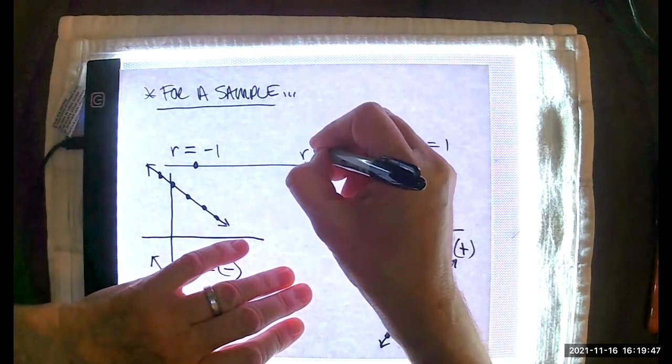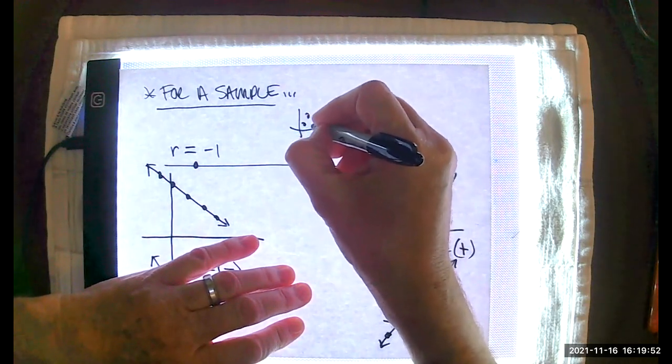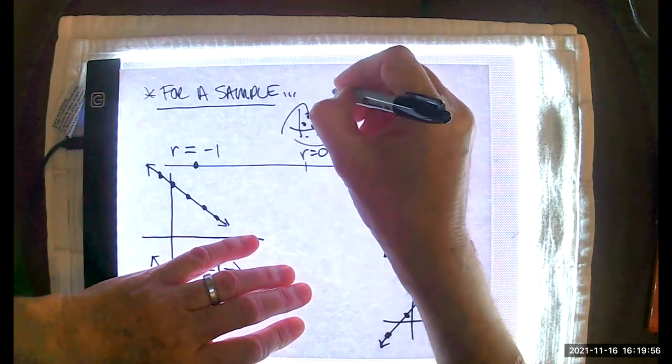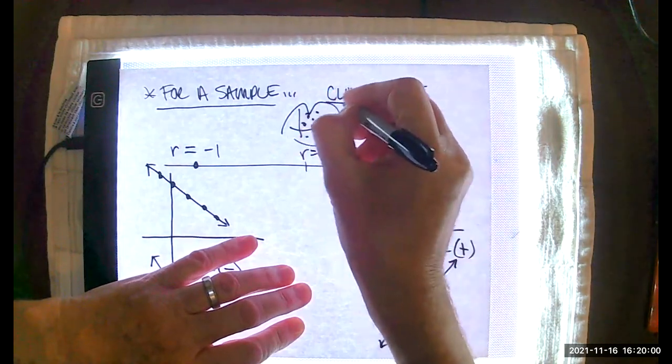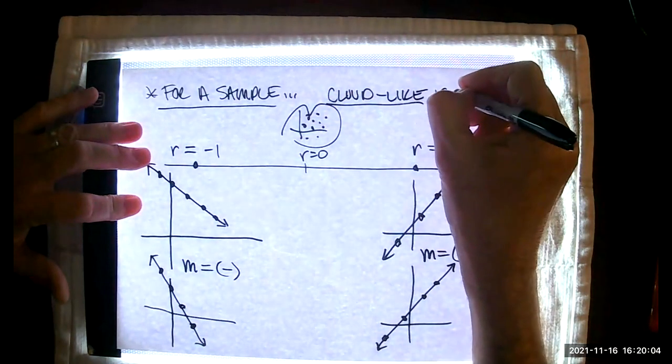In the middle here, at R equals 0, the graph has no pattern whatsoever we can discern. It is essentially cloud-like. That's where R is close to 0.